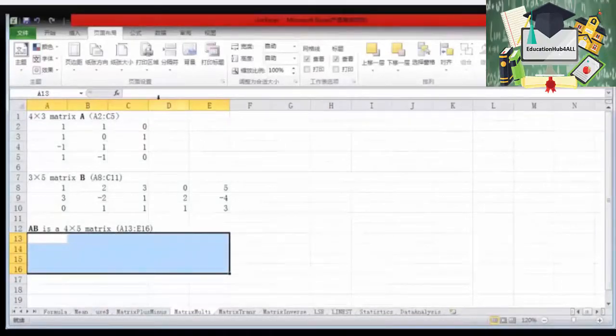Okay, you select the area, and then you click the place where we input the function. So the multiplication is the function called MMULT.